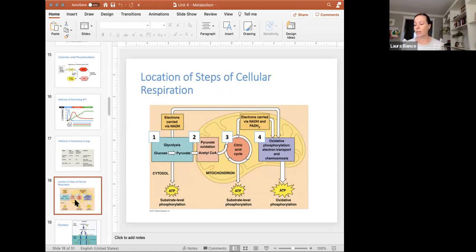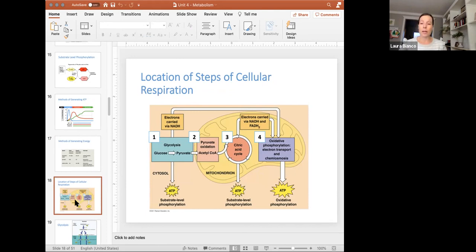Cellular respiration involves the breakdown of glucose. So if you use up all of the ATP that you have from using creatine phosphate, then you will start to use glucose, and you will break down glucose to make a lot of ATP.